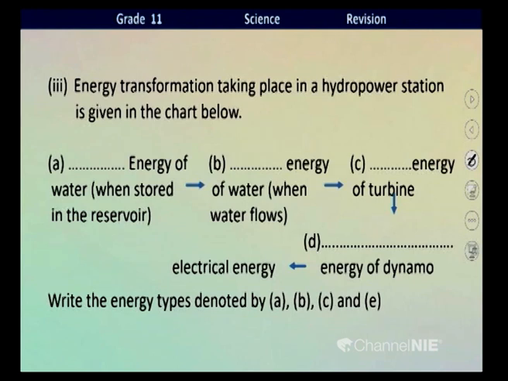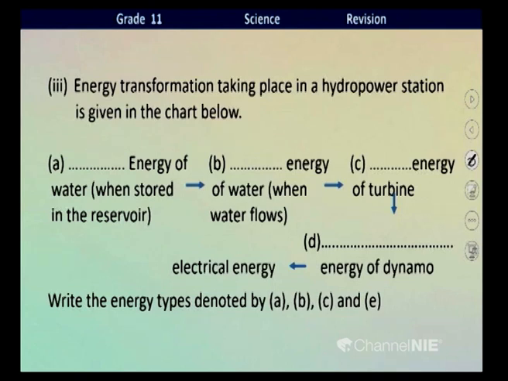This is the final question. Energy transformation taking place in a hydropower station is given here. We have to fill in the blanks of the energy transformation.